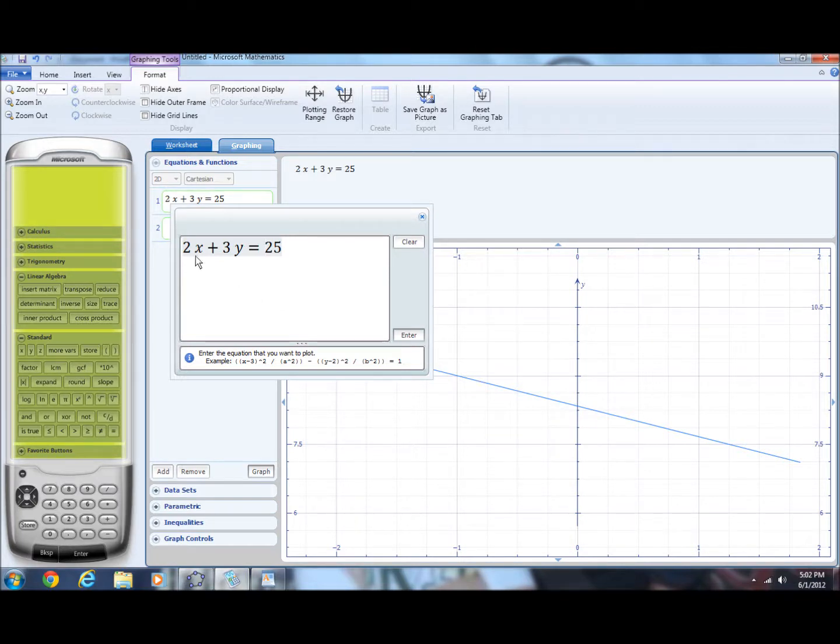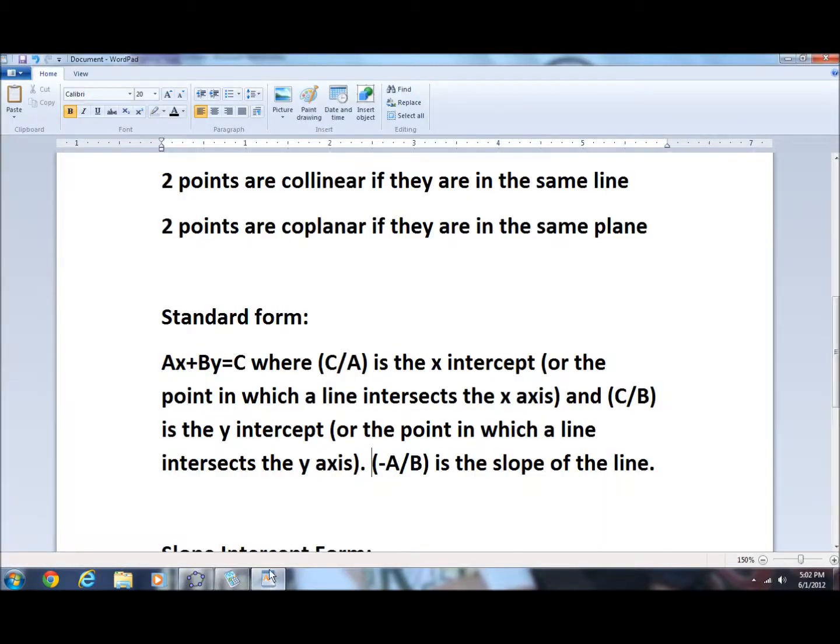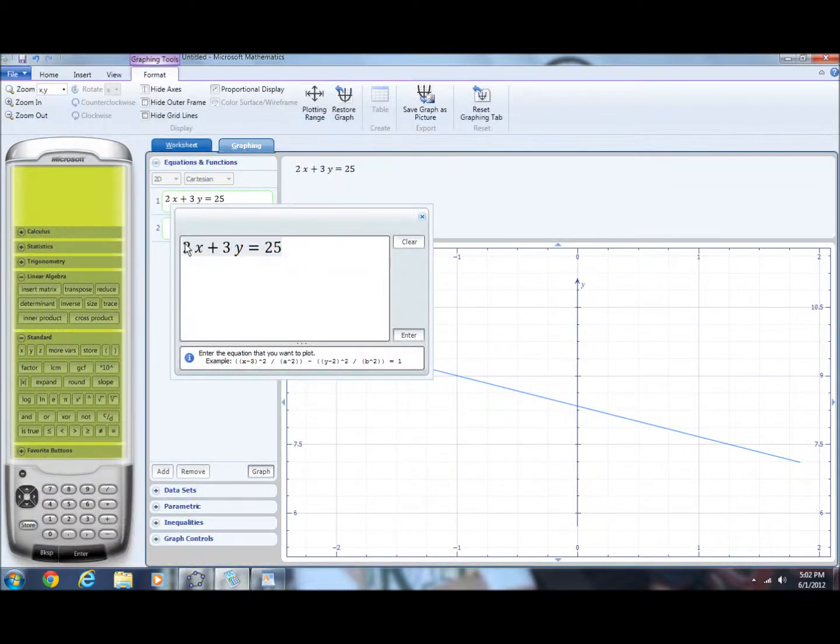What you'd have to do is do negative a over b. So let's go back to WordPad over here. ax plus by equals c is the standard form of a linear equation. In this equation, a is 2, b is 3, and c is 25. So you'd do negative a over b, so that would make the slope negative 2/3.